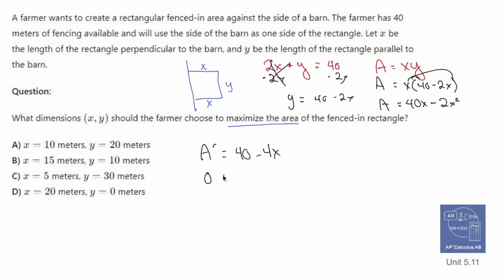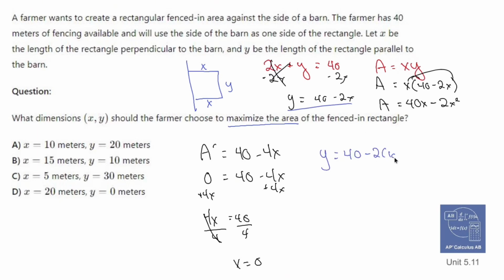Set it equal to 0 to find my critical point, so 40 minus 4x is equal to 0. Add 4x, and 4x will equal 40. Divide by 4, x is 10. And if x is 10, I could use that equation right here to find that y equals 40 minus 2 times 10, which is 40 minus 20, which is 20.